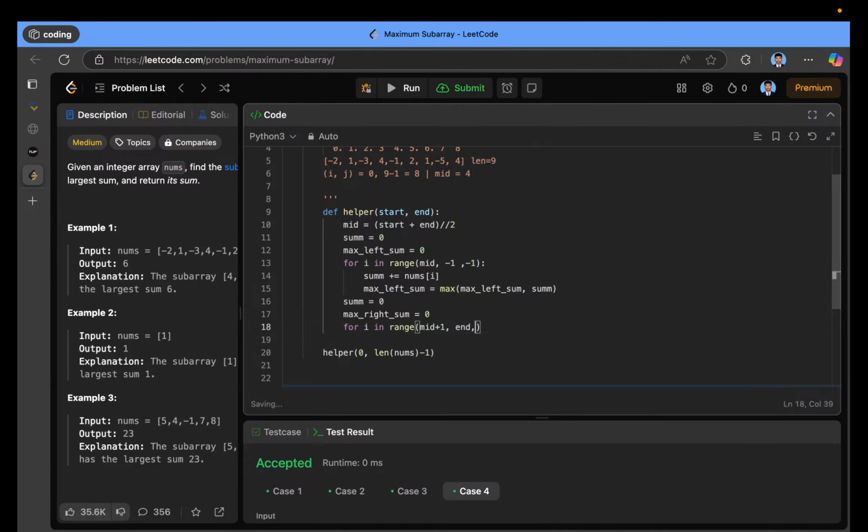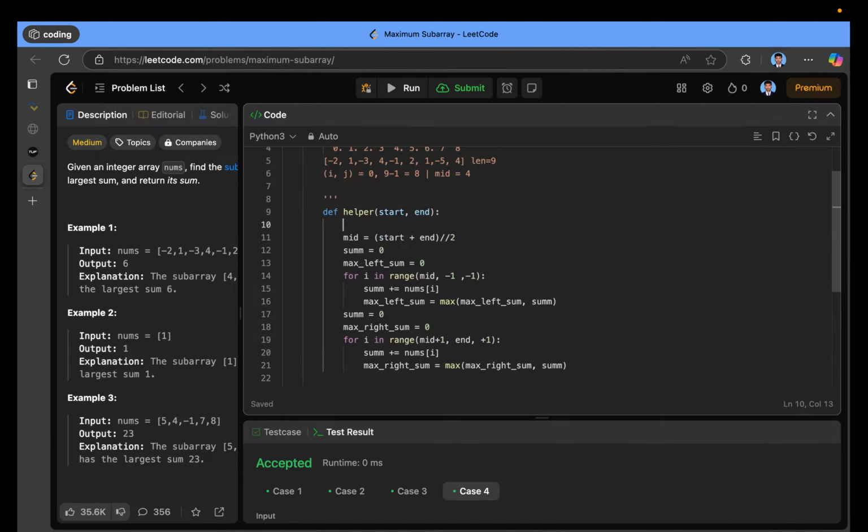Oh, I don't need to add. No, I will add plus 1. This will give more clarity on what I'm doing. Then again sum plus equals nums[i], and max right sum equals max of max right sum or sum, whichever is greater.